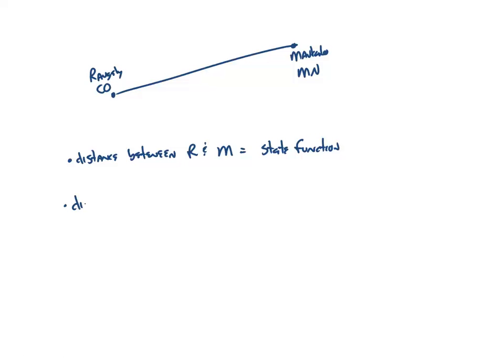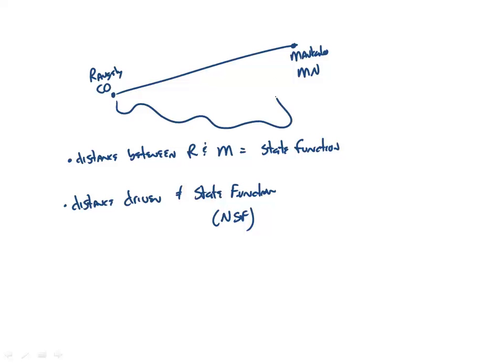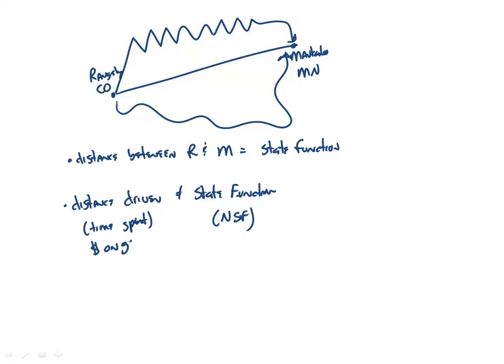Now, the distance driven is not a state function. Or actually I call them NSFs, not state functions. It's my own terminology. If I take the long way home to Minnesota versus a straight line versus zigzagging back and forth, obviously the distance traveled changes. So does the time spent, the amount of money spent on gasoline, and so on.